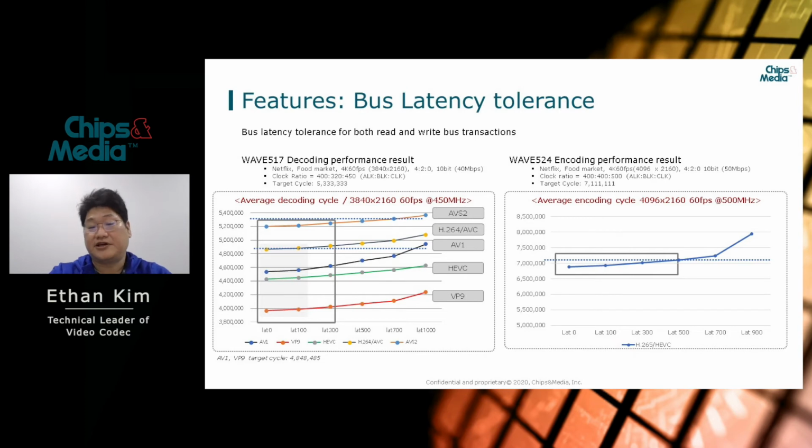However, it can endure up to 500 cycle latency for all burst transactions. In our experiment, the latency on the write transactions affects the encoder's performance, but the write transactions would not have such big latency for all write accesses in a real SoC.